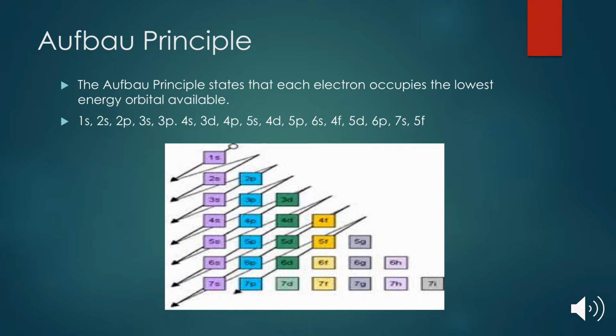As you can see, the numbers vary. Like right here we have a 4, and then we go back to the 3. That's because of the energy levels. So if you want to copy this, or at least take a picture of it for your use to copy later.